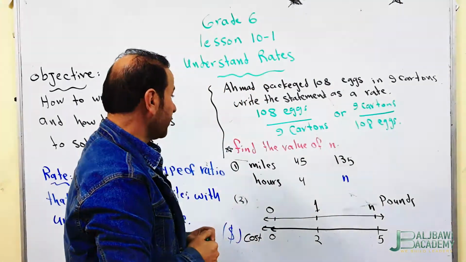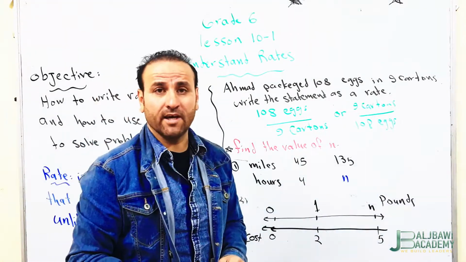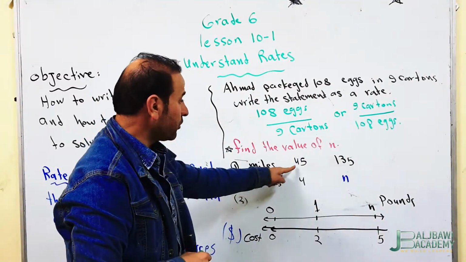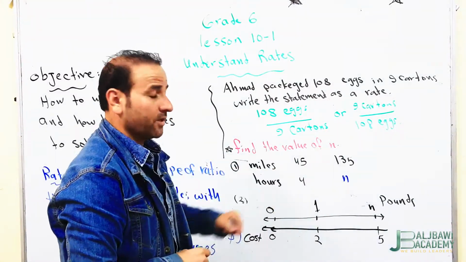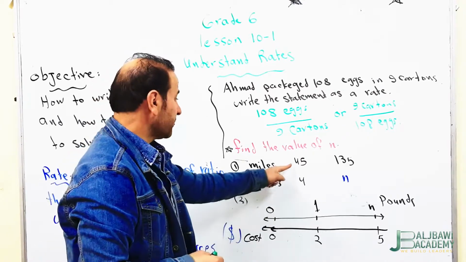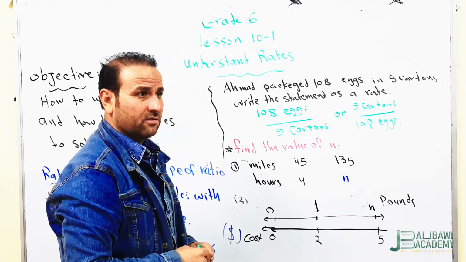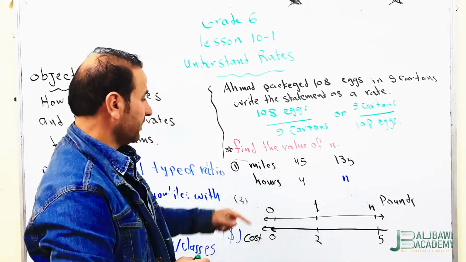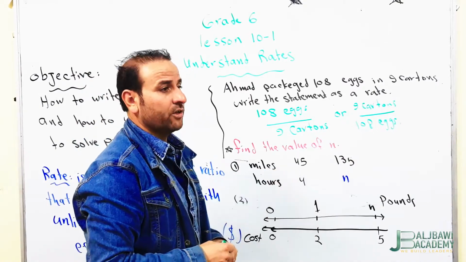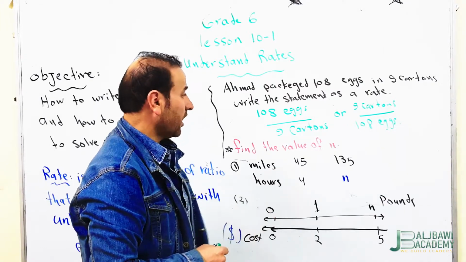In the second kind of question, we need to find the missing value using the rates. For example, in this example, we have 45 miles in 4 hours. Now, if you are jogging 45 miles in 4 hours, this is not logical, but if we say you are riding your bicycle 45 miles in 4 hours.